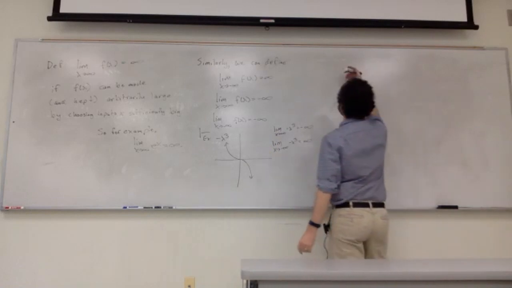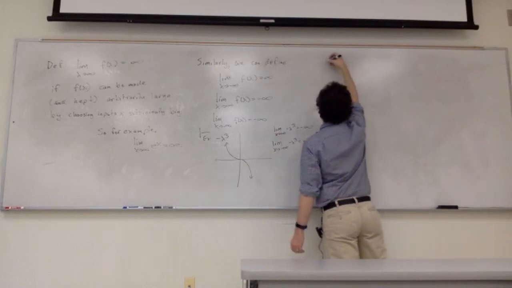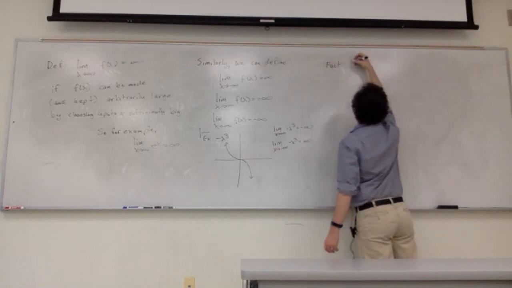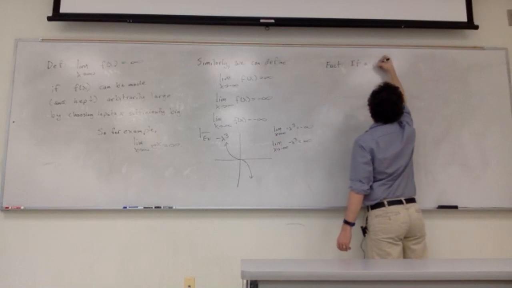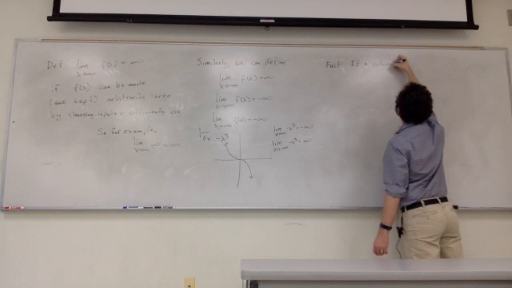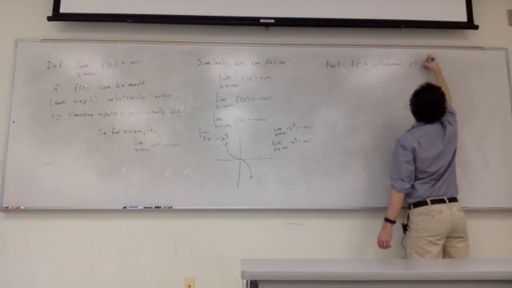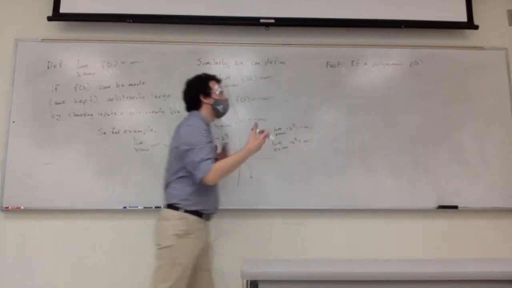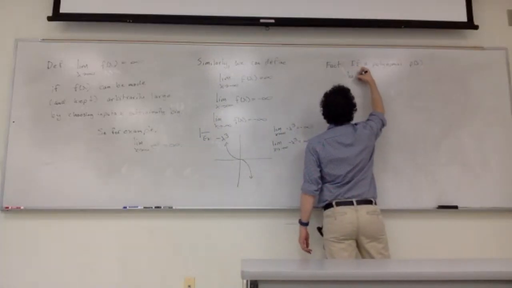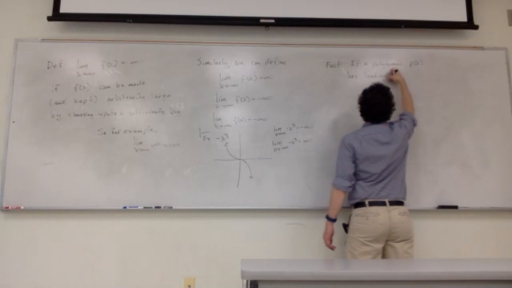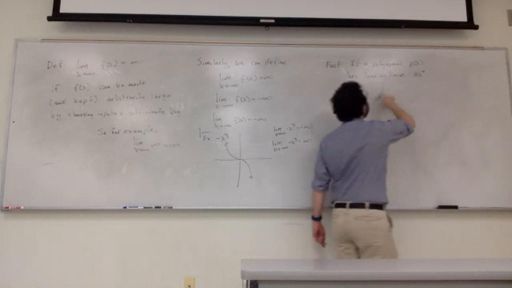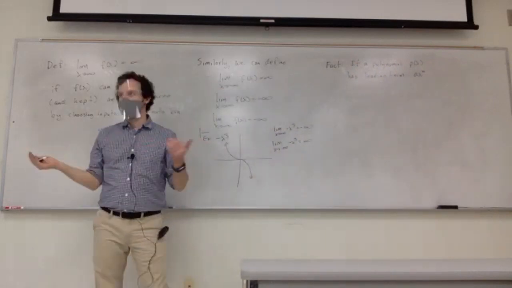So first up, here's this important fact. If a polynomial p of x, so powers of x added up with constants in there and all whole numbers, has leading term a x to the n, here leading term means biggest power.